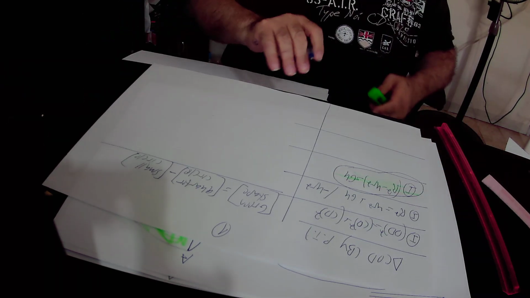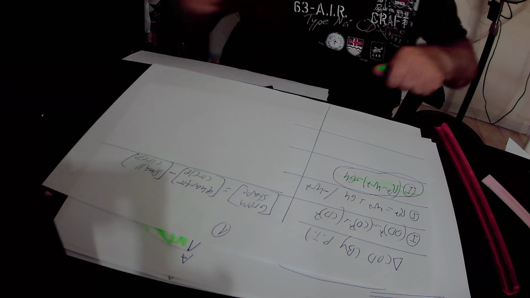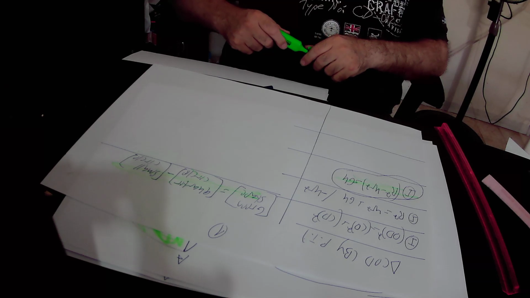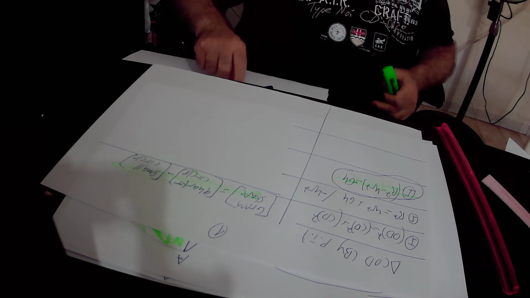Repeat again, the area of the green shape is equal to the area of the quarter circle minus the area of the small circle.